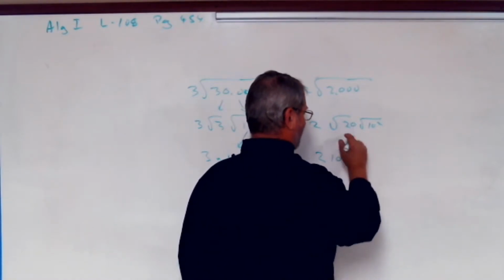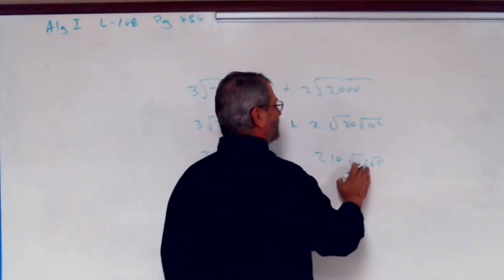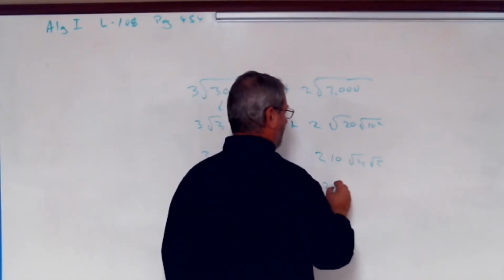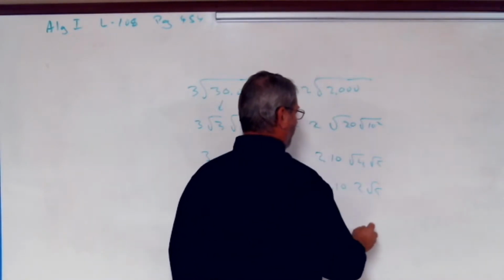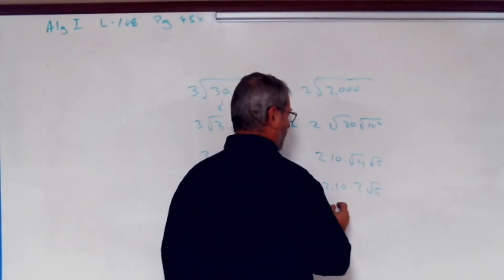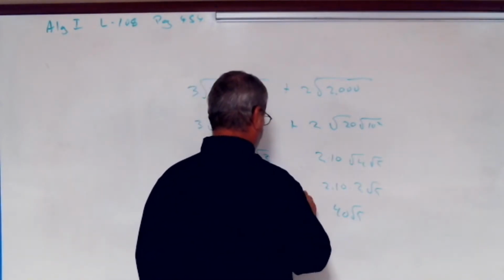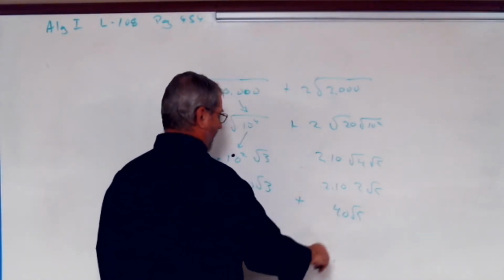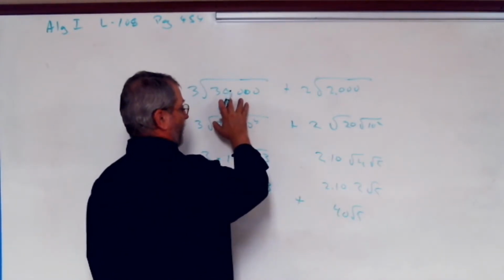This is radical 4, radical 5. The square root of 4, 2 times 10 times 2, radical 5. This is 40 radical 5. That plus that. I don't know why this all of a sudden became super, super hard.